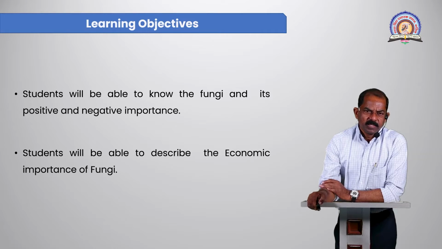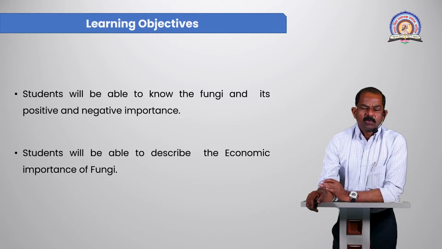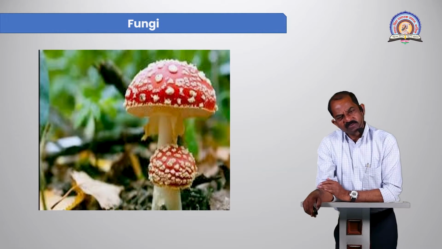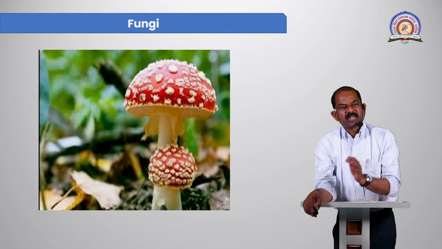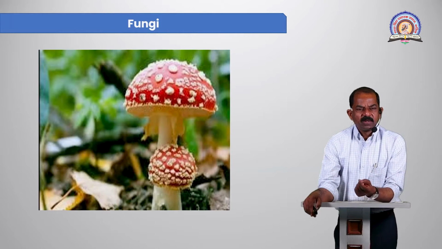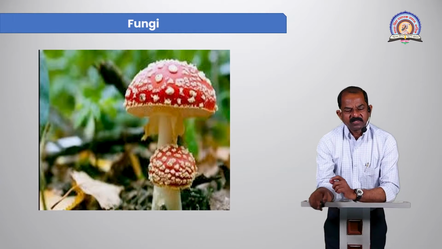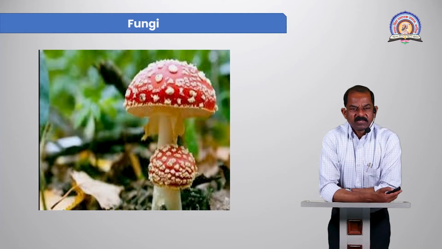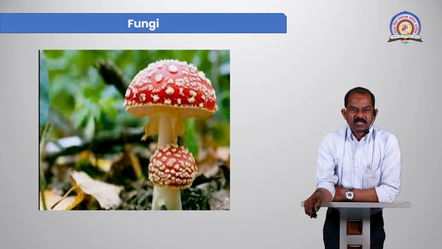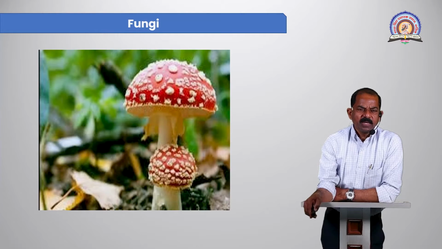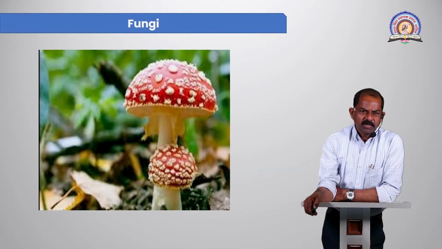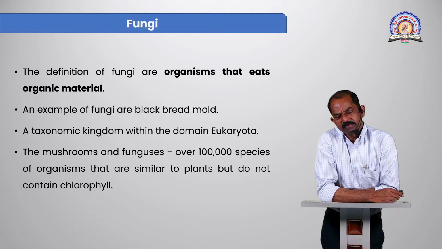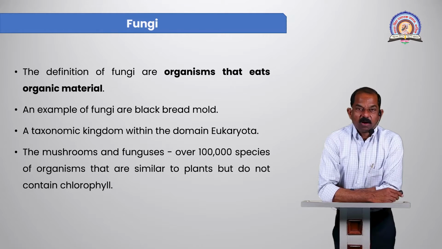First we will see the definition of fungi. In fungi also there is tremendous diversity, from unicellular forms to a large fruiting body. One colorful image is given here, that is a fungus. Then we will consider how we define the fungi. Simply we will say it is an organism that feeds on organic material.